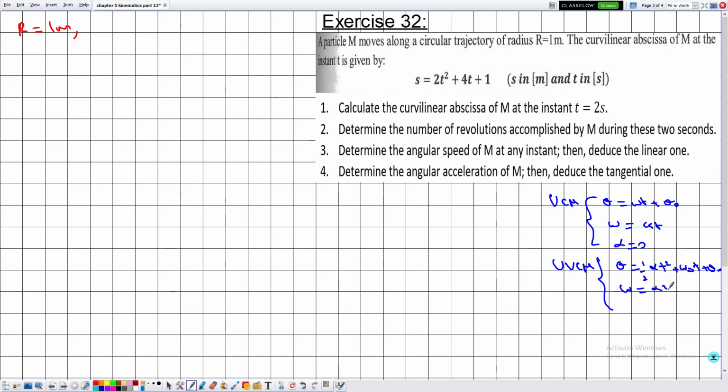Omega is equal to alpha t plus omega 0, and alpha is equal to a constant. We have that S is equal to r theta, V is equal to r omega, A tangential is equal to r alpha. Moreover, we have that A is equal to square root of an square plus at square, in which an is equal to v square divided by r.